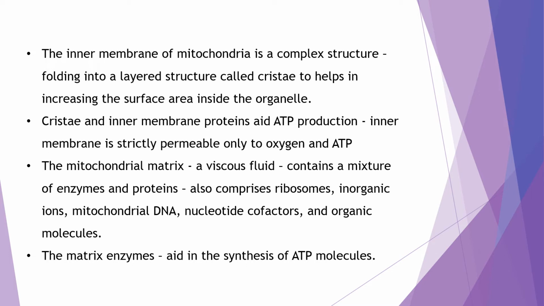This kind of folding happens mainly to increase the surface area inside the organelle. So, when there is an increased surface area, there is larger space for the biochemical reactions to occur. So, what happens here is the inner membrane proteins, when coupled with the cristae, help in the production of ATP.